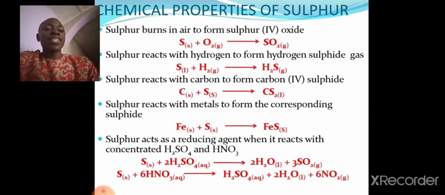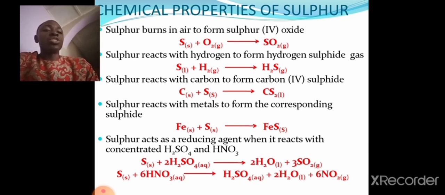Okay, sulfur acts as a reducing agent when it reacts with concentrated tetraoxosulfate 6 acid and trioxonitrate 5 acid. So with concentrated tetraoxosulfate 6 acid, sulfur would form sulfur 4 oxide and water. So in this particular reaction, sulfur is oxidized to sulfur 4 oxide and tetraoxosulfate 6 is reduced to the same sulfur 4 oxide.